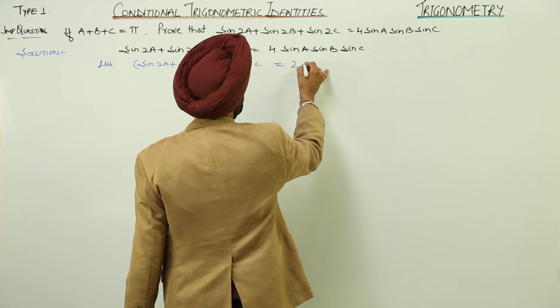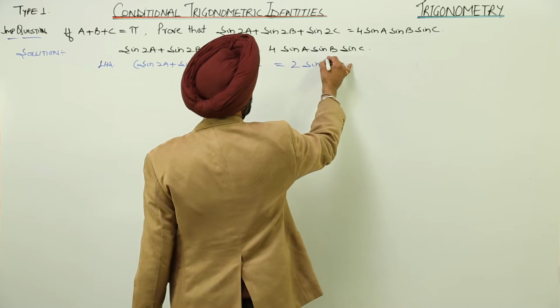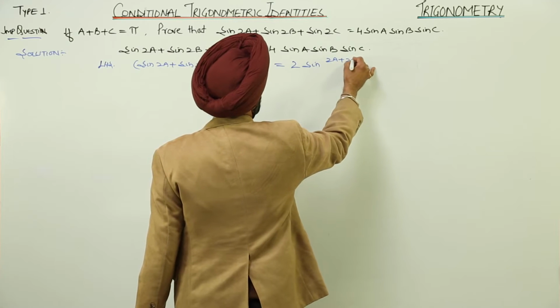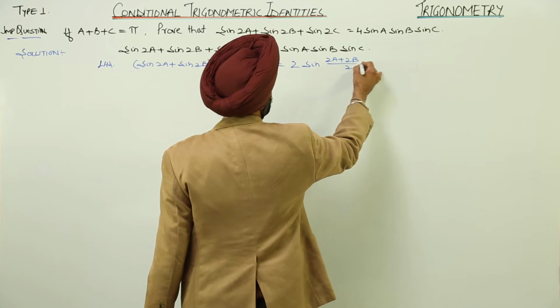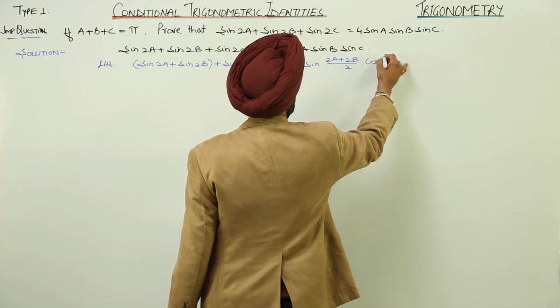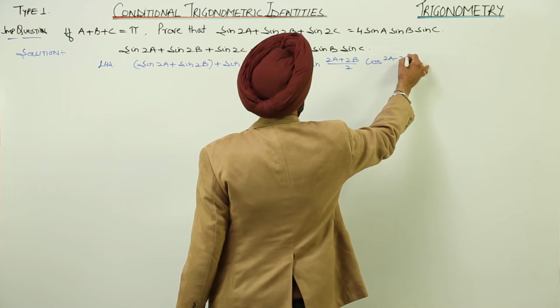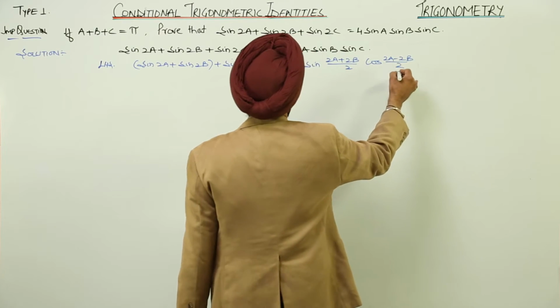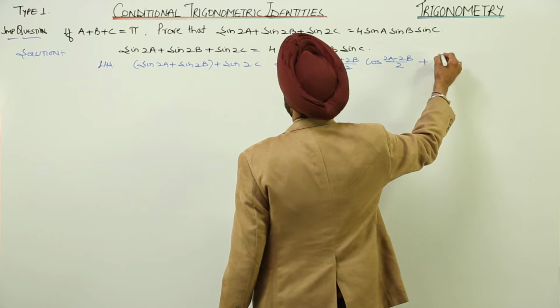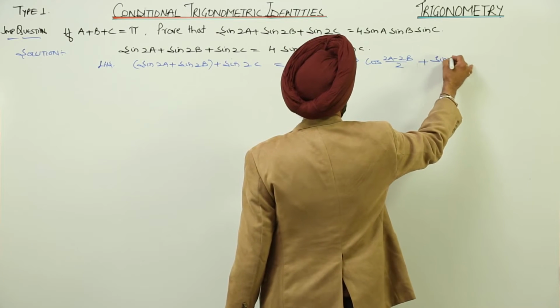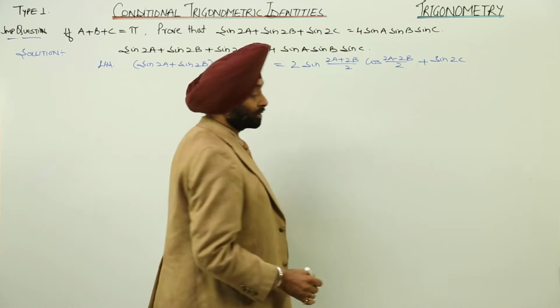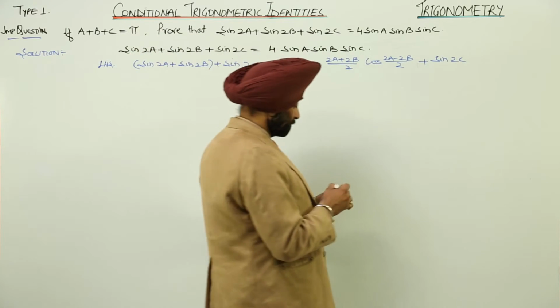So this becomes 2 sin (2A plus 2B) upon 2, cos (2A minus 2B) upon 2, plus sin 2C. Okay. So what we have used?